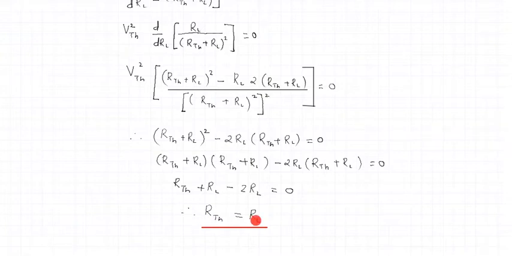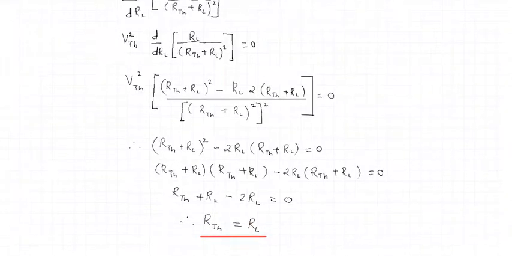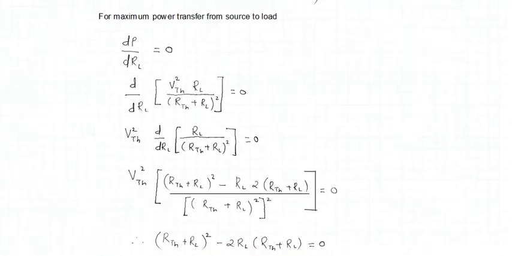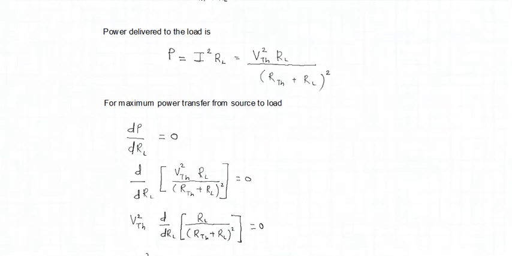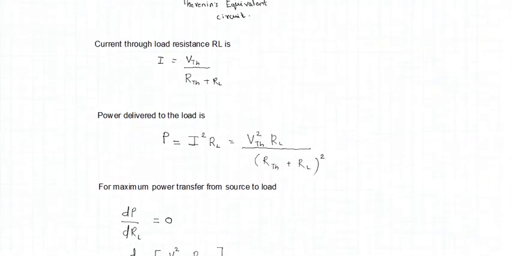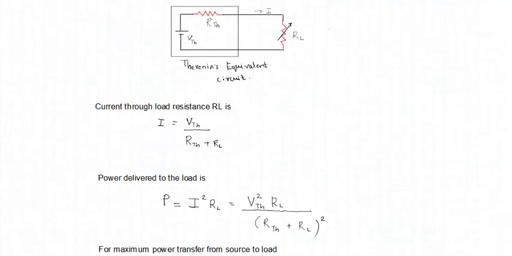What is the meaning of this? The meaning of this is that we get a load resistance of the network to be equal to the source resistance, that is RTH. We obtain the condition that the load resistance RL is equal to RTH, where RTH is the entire resistance of the network, which we call the source resistance.